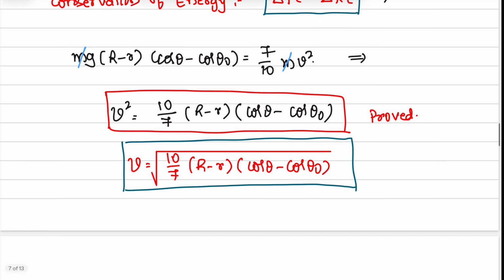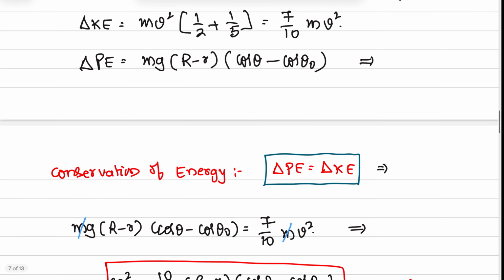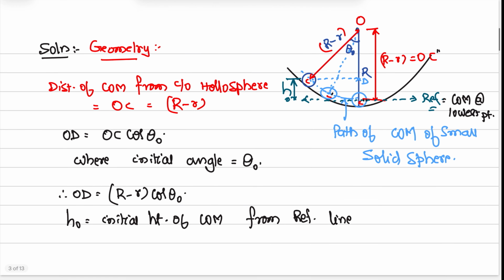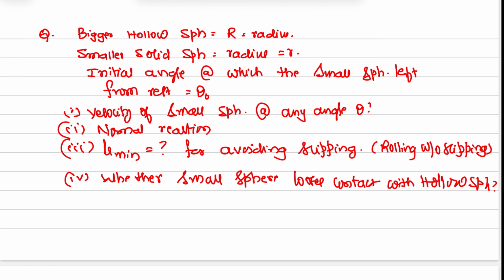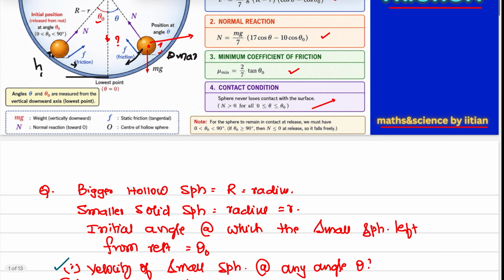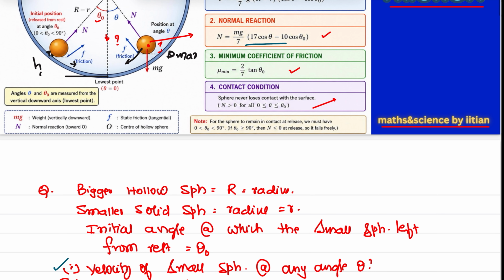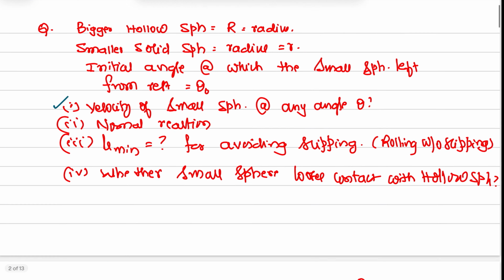Now we have to find out the normal reaction. You just see what we have to find out from the problem. Velocity, now we have found. Now normal reaction we have to find. This is the normal reaction. N is equal to, we have to prove, mg by 7 into 17 cos theta minus 10 cos theta naught.